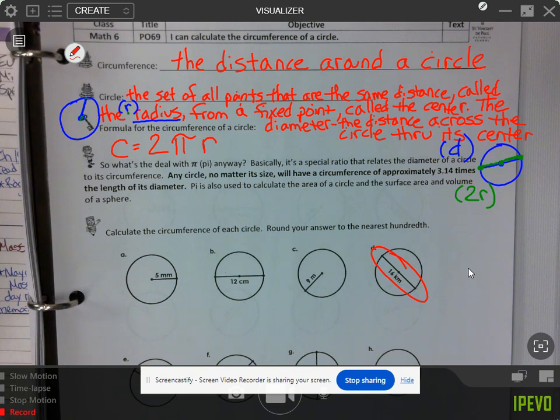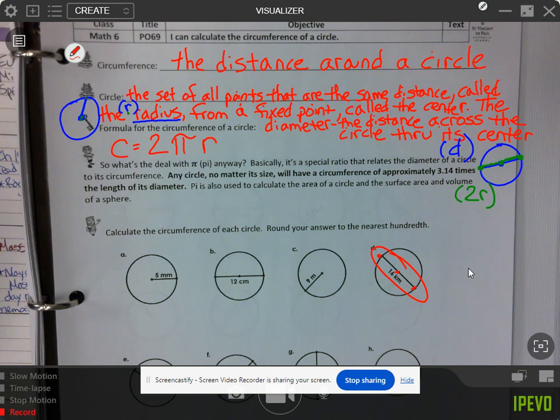I mean, you could do that, but it's going to be wrong. What do you think, Cameron? Isn't the radius like how many times it's touching? Mm-hmm. The radius is from the center to the outside. So we know the diameter is from the side to the side going through the radius.